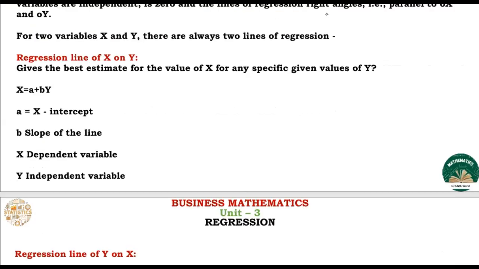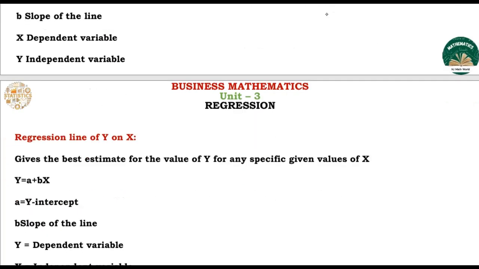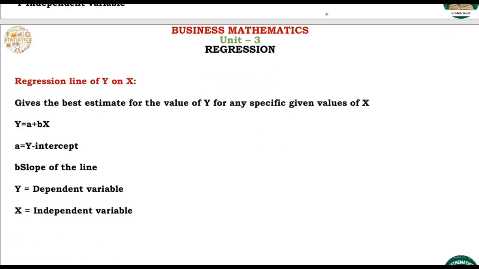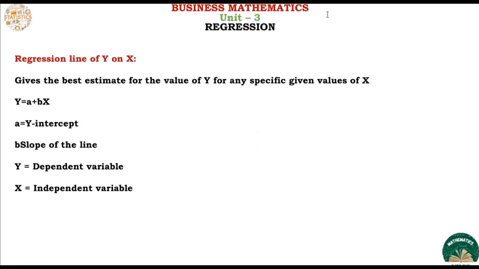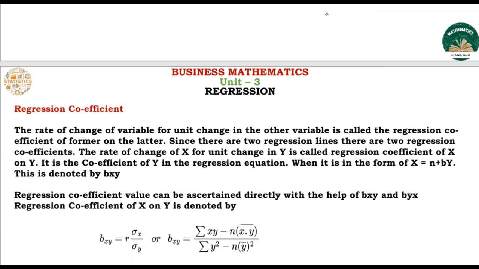Also, this gives the best estimate for the value of x for any specific given value of y: the formula is x equals a plus by. And it gives the best estimate for the value of y for any specific given value of x: y equals a plus bx, where a is the y-intercept, b is the slope, y is the dependent variable, and x is the independent variable.